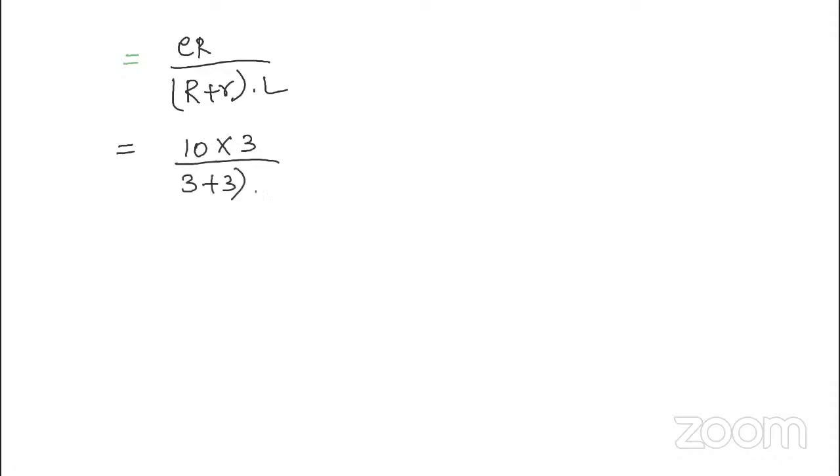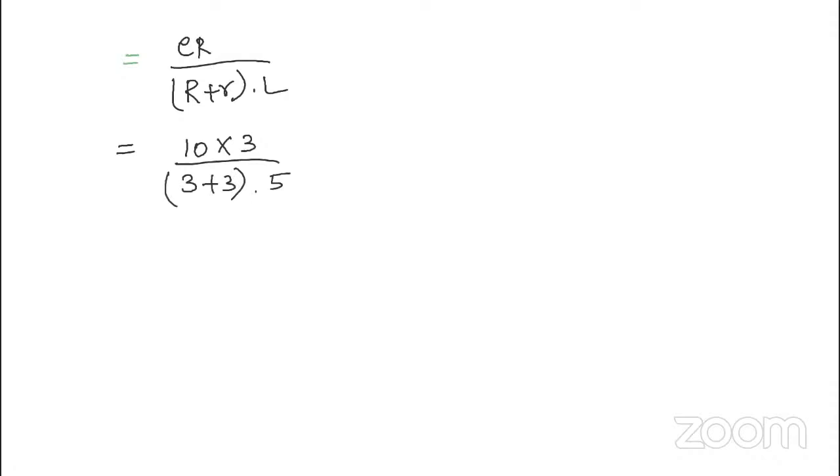Here the formula is ER divided by R plus r, into L. Okay, so here we have to substitute the values, that is 10 into 3 divided by 3 plus 3, into 5.